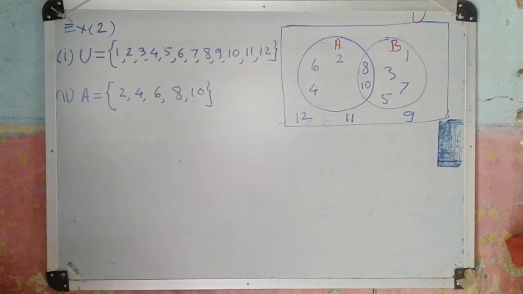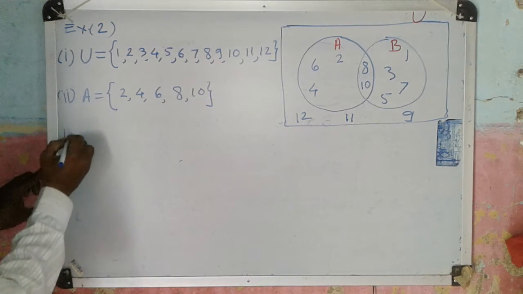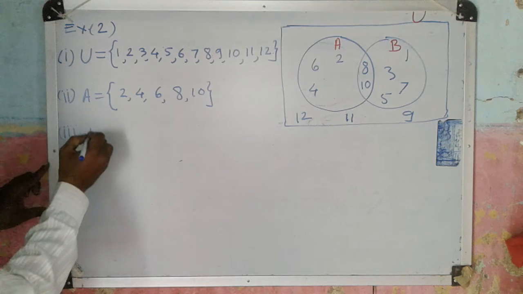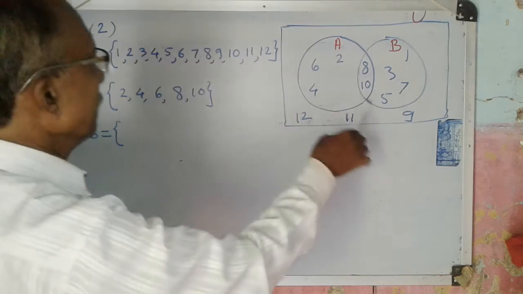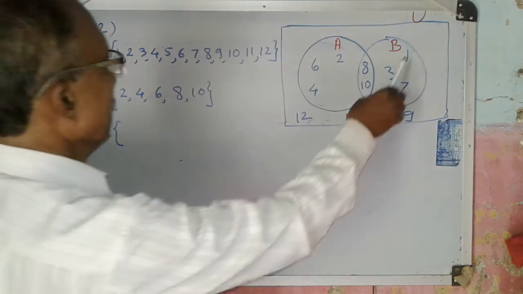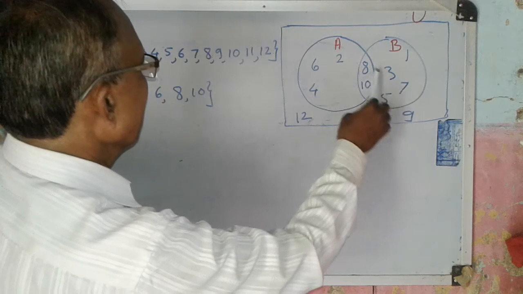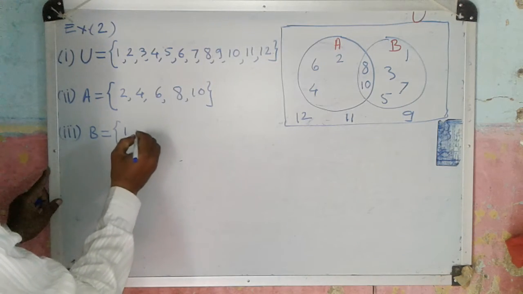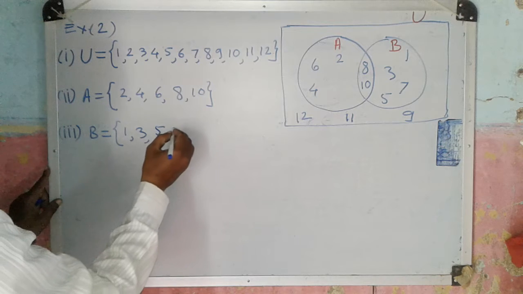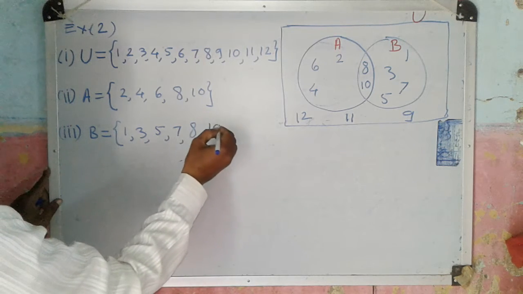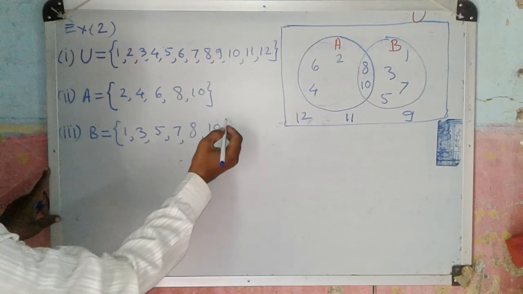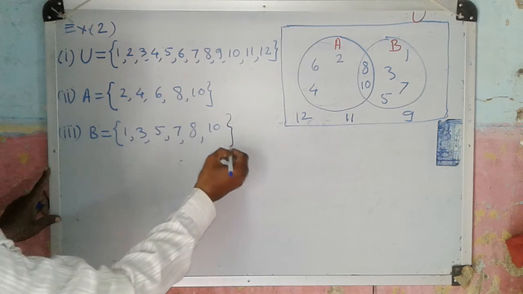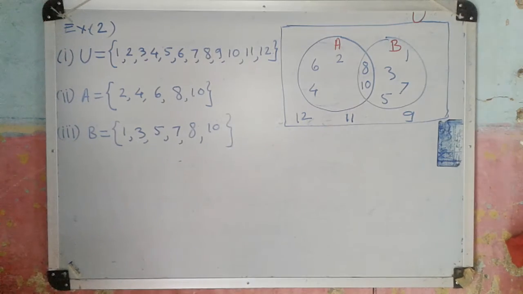The third is set B. The elements of set B are 1, 3, 5, 7, 8, 10.